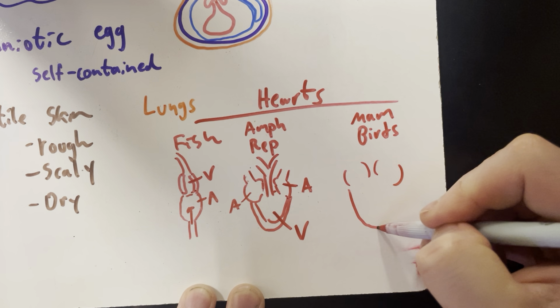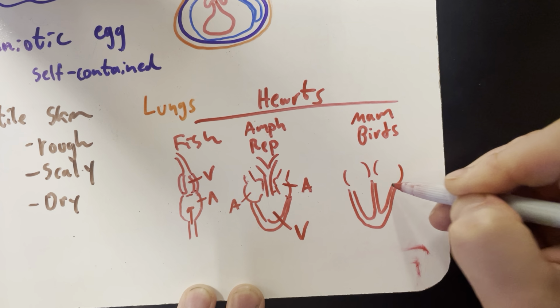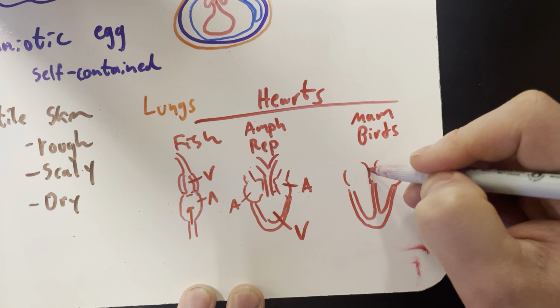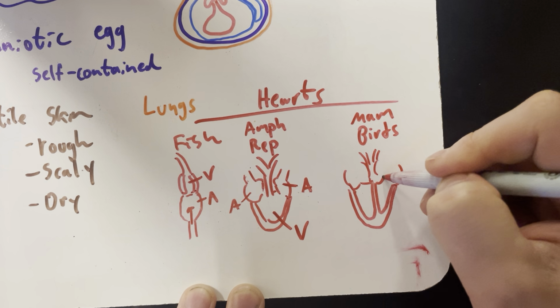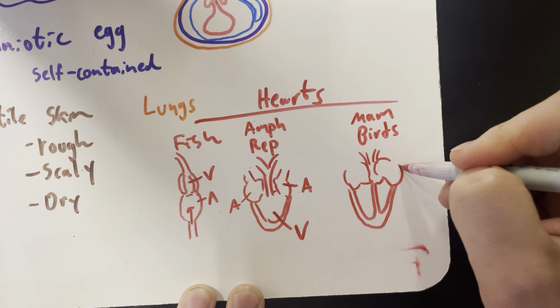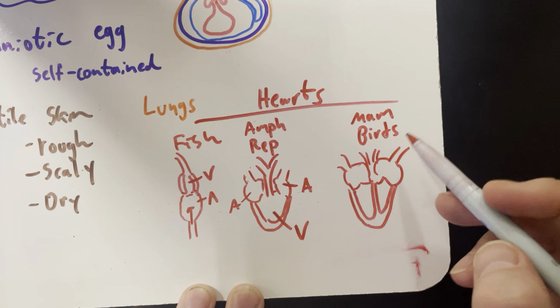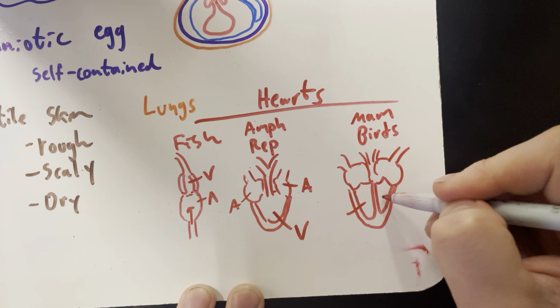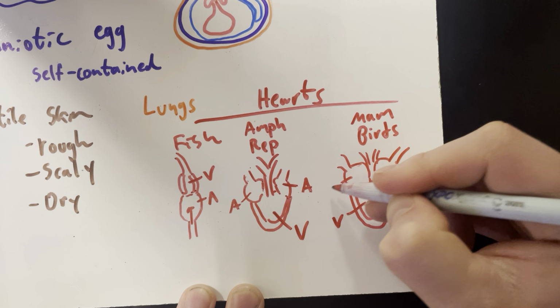So there's a big old divider down the middle. We'll draw the tubes coming out, but there we go. So mammals and birds have a 4-chambered heart. You have 2 ventricles, a left and a right ventricle, and a left and right atrium.